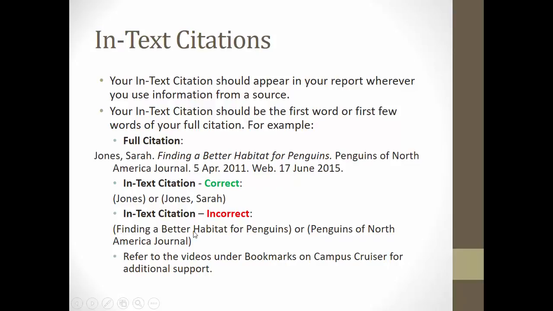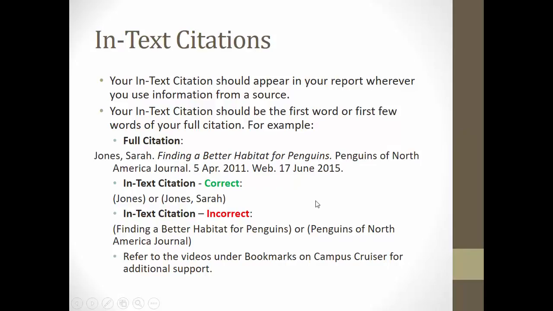And so if this is your in-text citation in your report, when I, your instructor, go to look for this on your works cited or references page, I'm not going to find it, because there is no citation that begins that way. It begins Jones, comma, Sarah, right? And so again, Penguins of North America Journal, that's not correct.